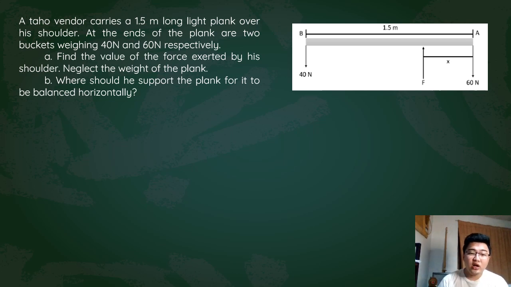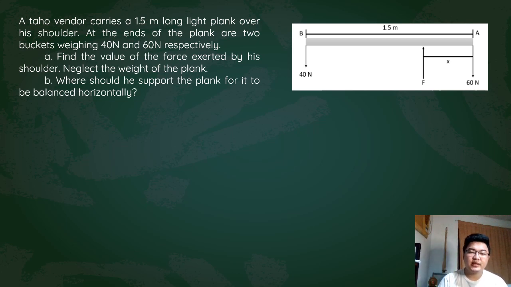Let's solve for the value of the force exerted by his shoulder, and we just neglect the weight of the plank, because the weight of the plank will also exert a force on the shoulder. And B, where should the taho vendor support the plank for it to be balanced horizontally?